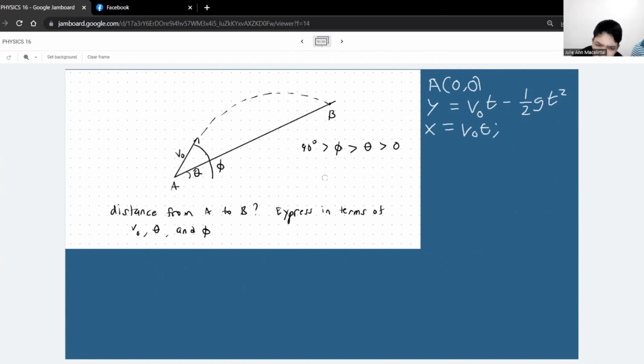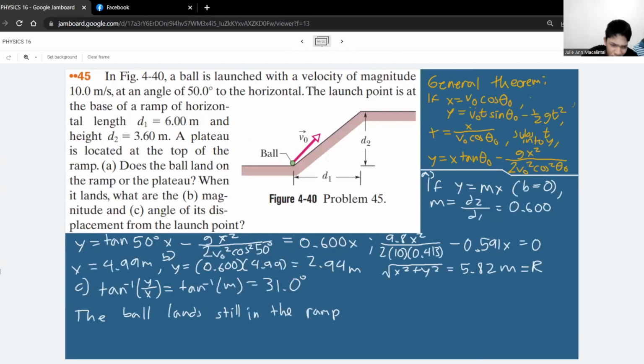So the distance from A to B, let's call it small d. Hindi ba po ito yun? Yung distance. So, y tsaka x. Okay.